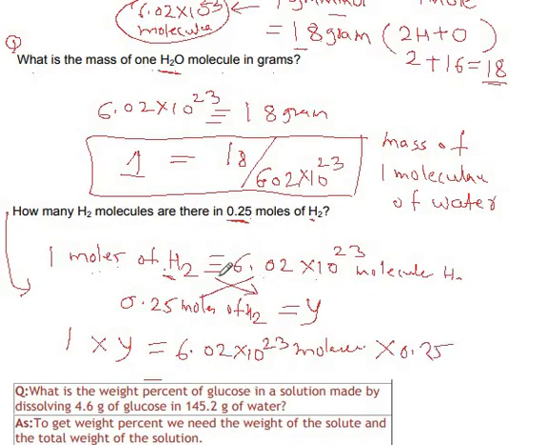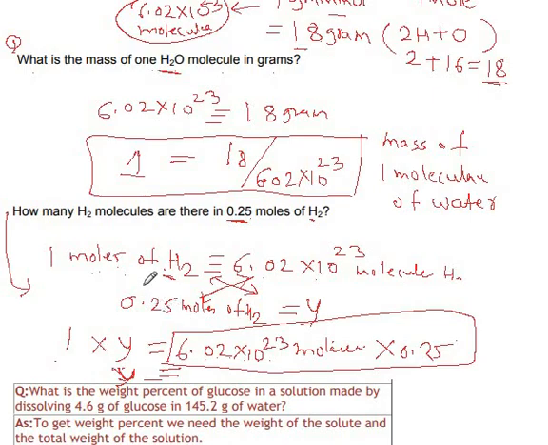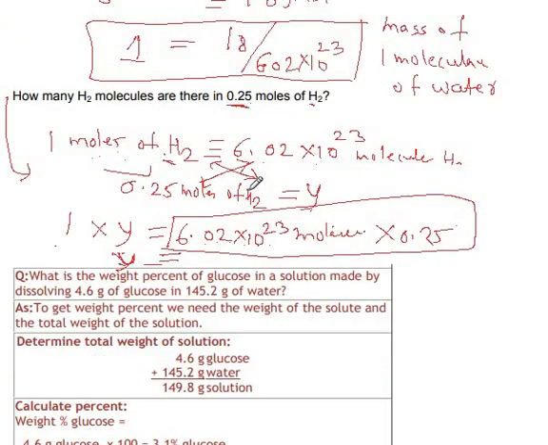Probably you have studied that in mathematics. So 1 mole of hydrogen into Y is equal to 6.02 into 10 raised to 23 molecules into 0.25. And therefore you will get Y as this value. This much number of molecules is nothing but 0.25 moles of hydrogen. Okay, such examples will be asked as MCQ questions for 1 mark.